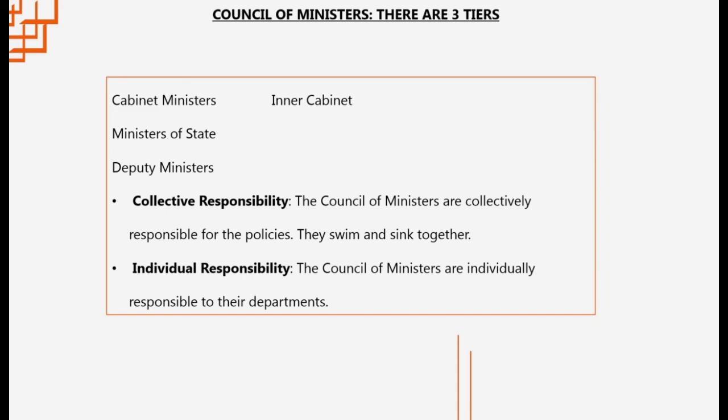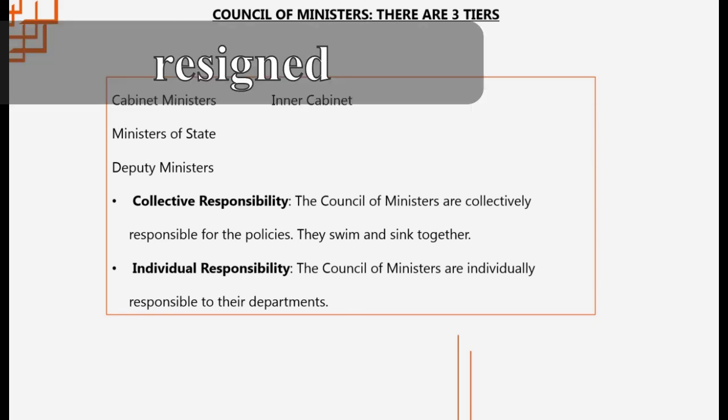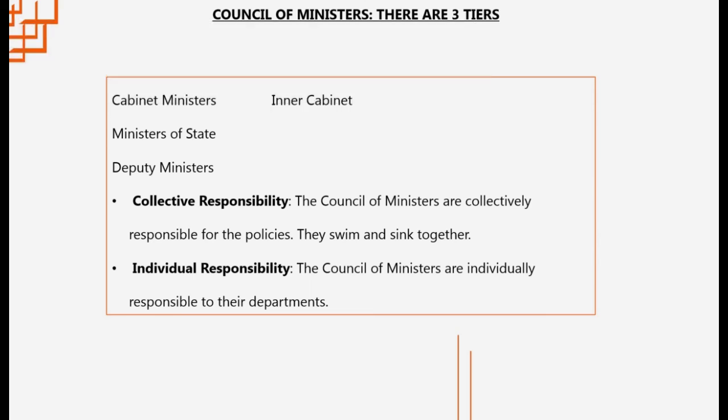For example, Harsimrat Kaur Badal from the Akali Dal resigned due to difference of opinion with the BJP with respect to farm laws. If the concerned minister does not resign and continues to air his differences, the Prime Minister will ask him to resign.